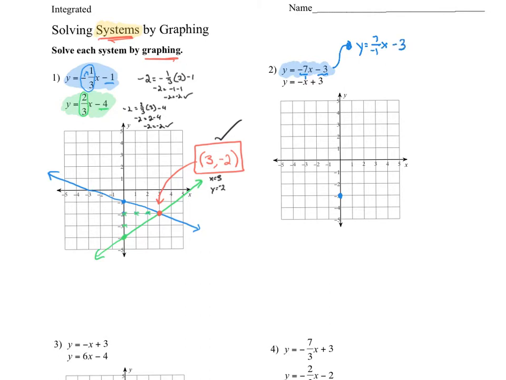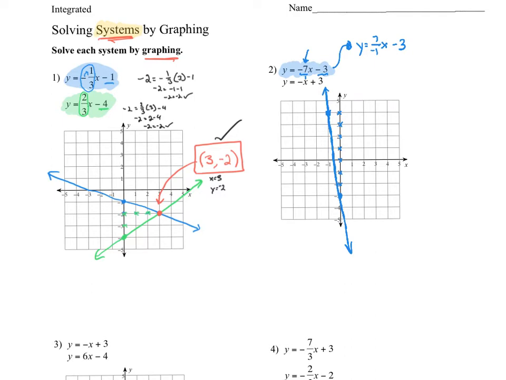You can put that negative on the top or the bottom. Since it's a whole number, just put it over 1. Then I can go up 1, 2, 3, 4, 5, 6, 7, and then -1 goes backwards 1. That would be my point. So we know it's going to look something like this.